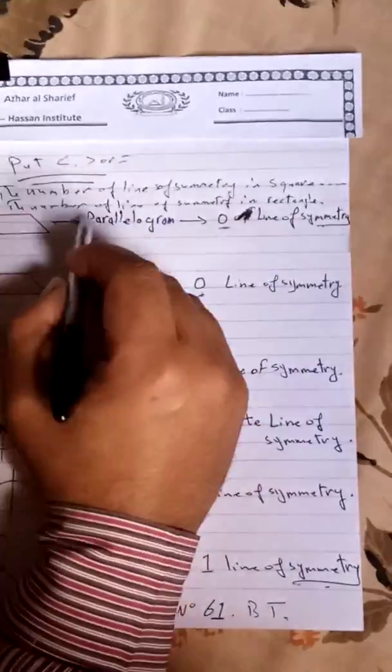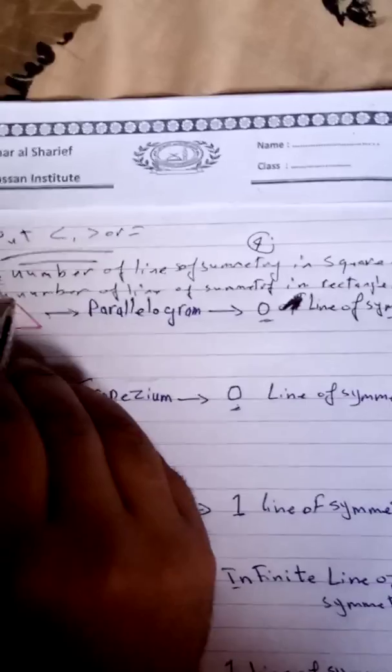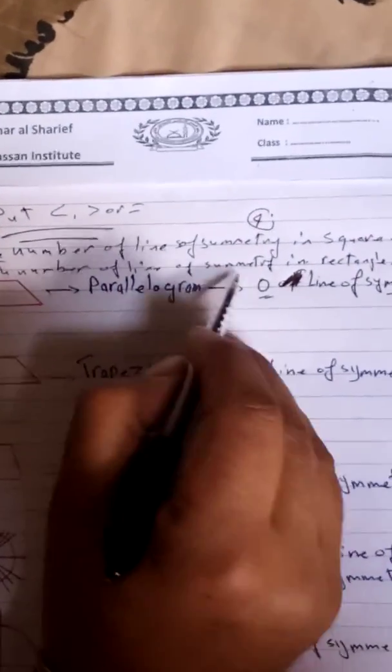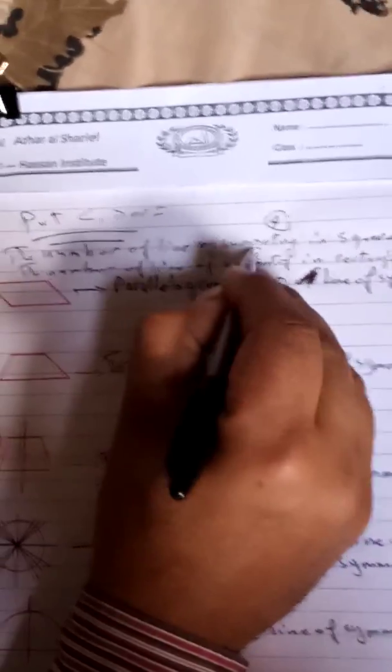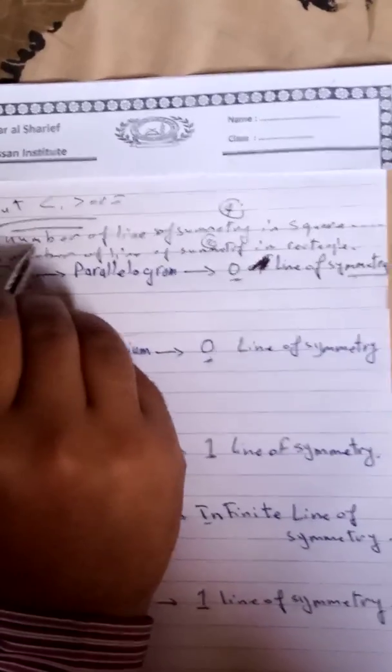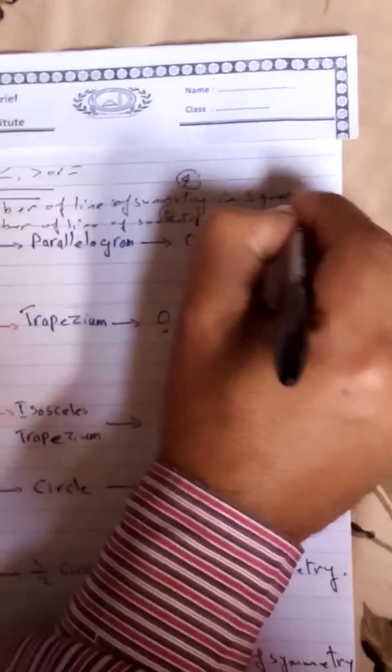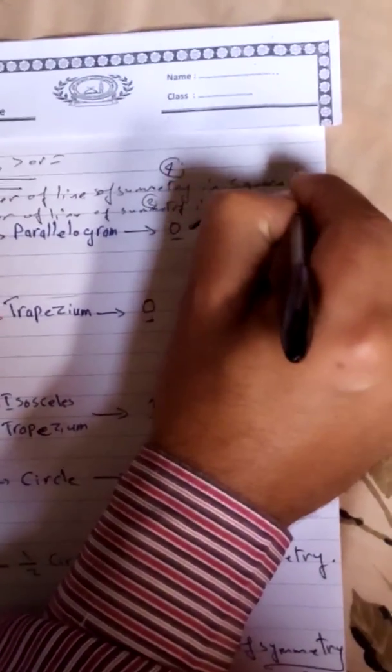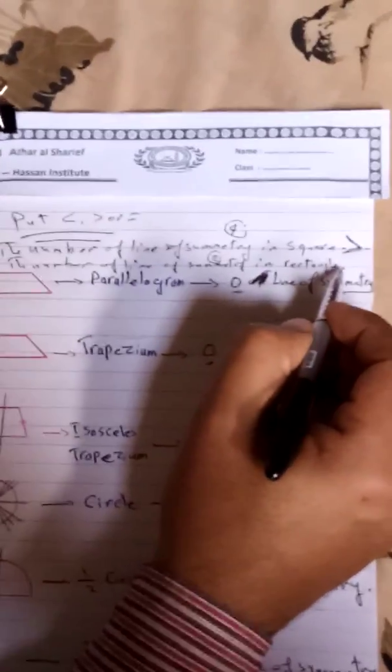Which one is more? The number of lines of symmetry in a square is what? 4 lines of symmetry. How many lines of symmetry does a rectangle have? 2. So the number of lines of symmetry in a square is more than the number of lines of symmetry in a rectangle. Very good. Thank you and goodbye.